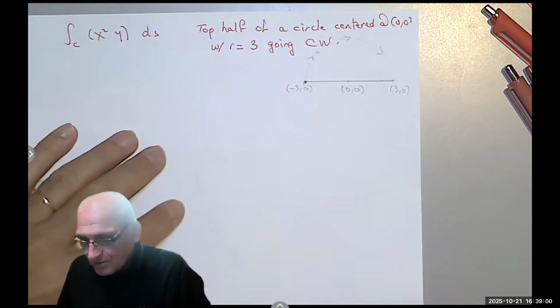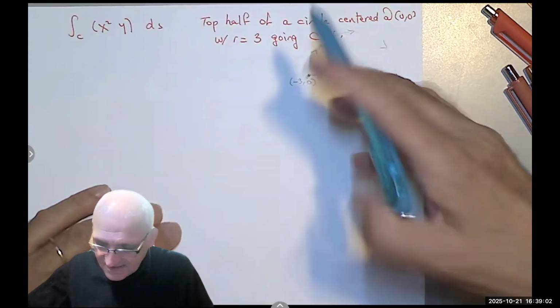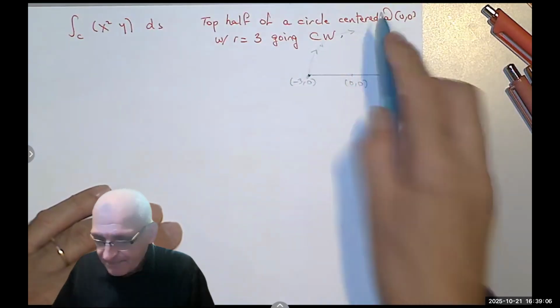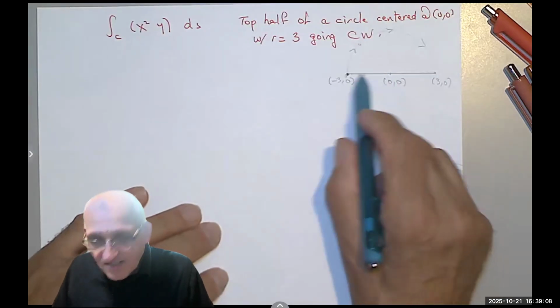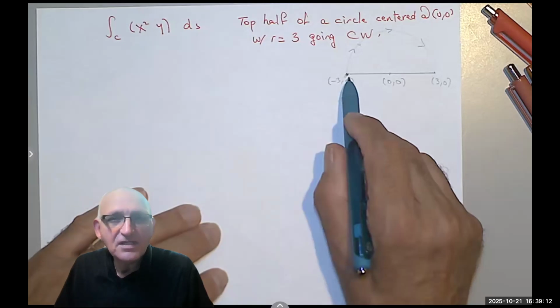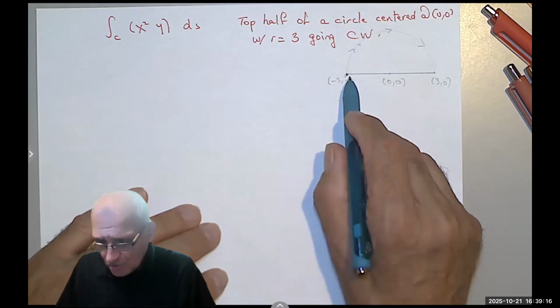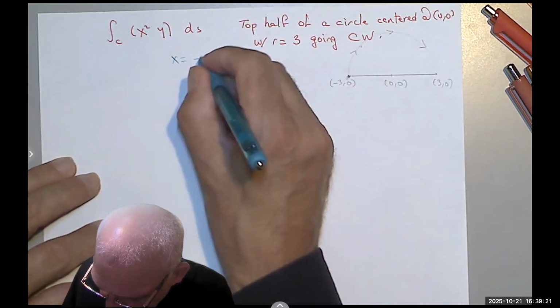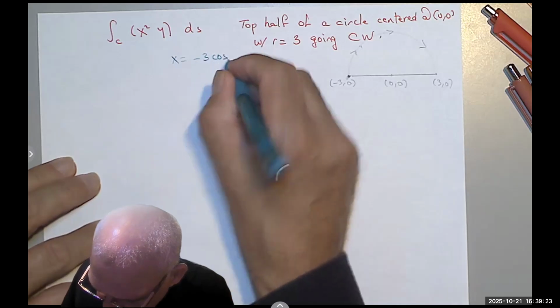Okay, so if I say this angle is 0 and I'm moving clockwise, for example, when the angle is 0, I get -3. Cosine of 0 is 1. So I can say x equals -3 cosine of t.